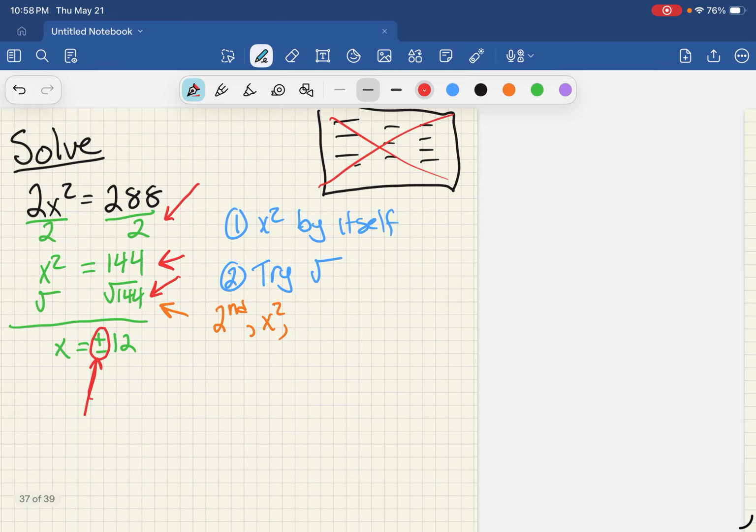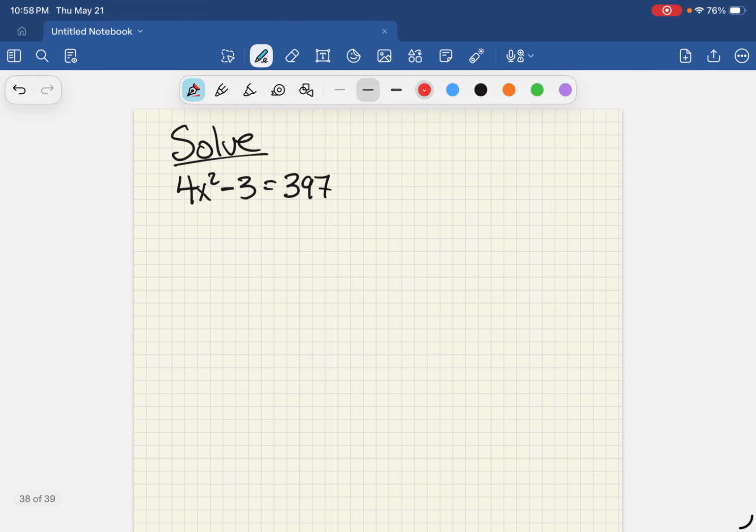All right, let's talk about a different problem. Again, what I'm going to do is get x squared by itself. So I'm going to add 3 to both sides.